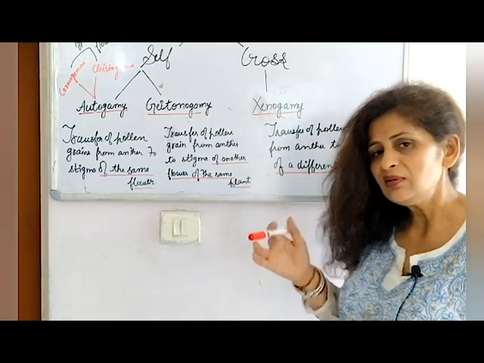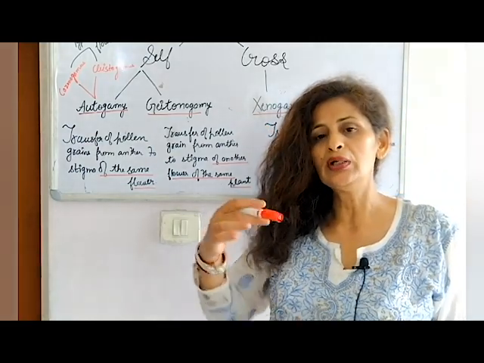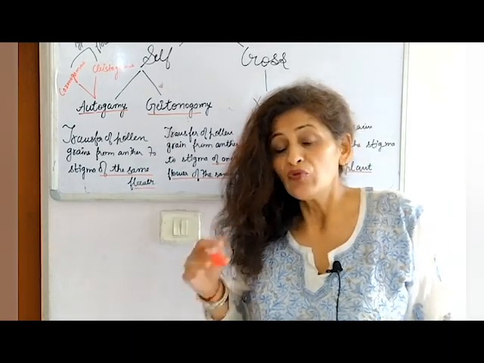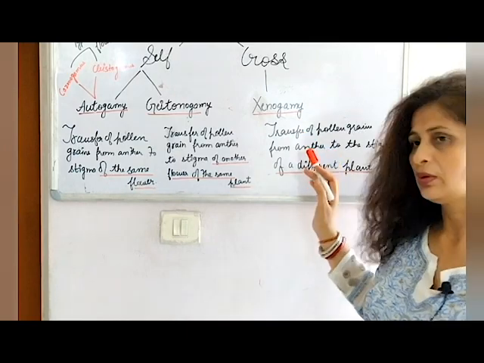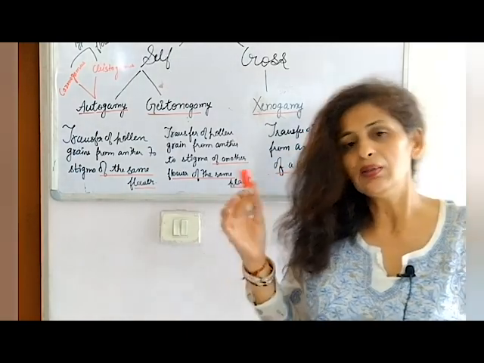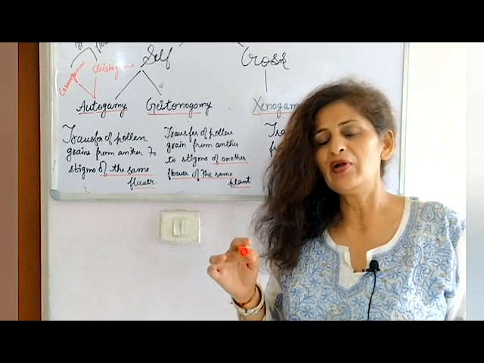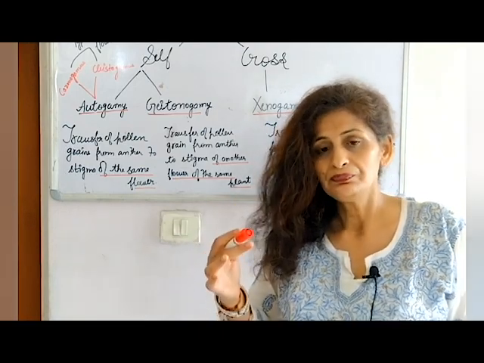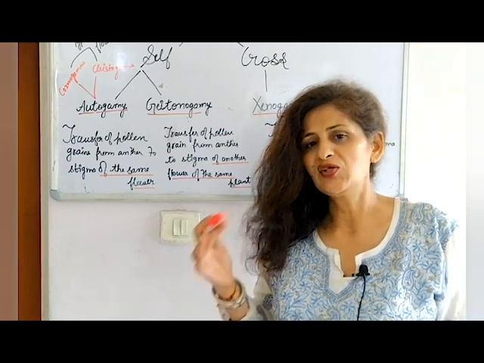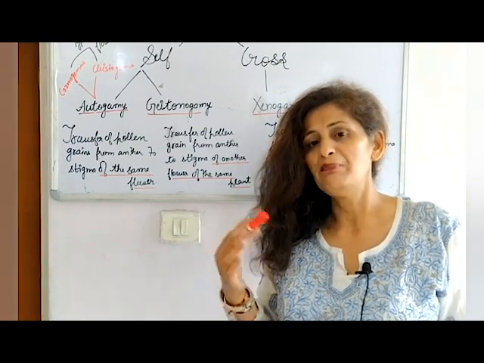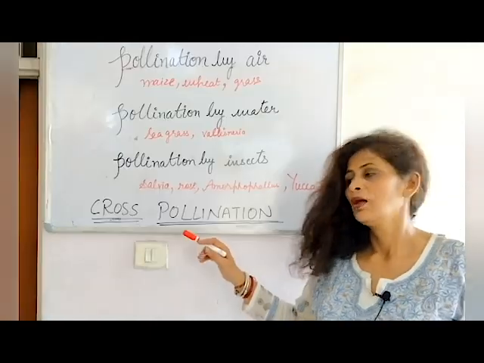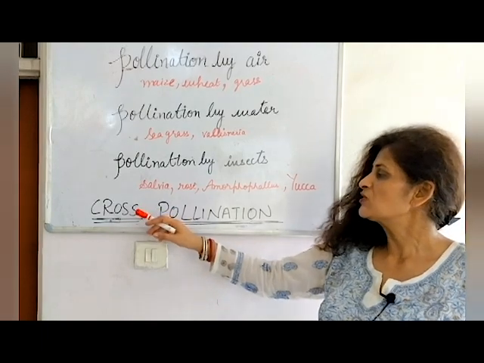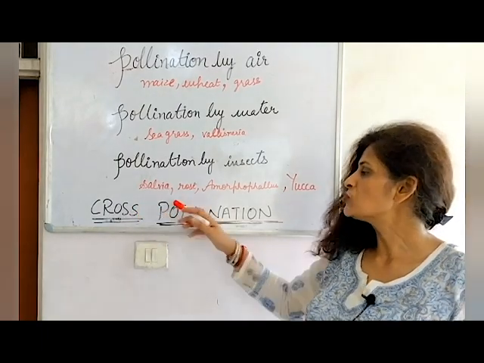But as in this case, pollen grain is transferred to other plants which are present at very large distances, various agencies are required. That may be abiotic or biotic agencies. Pollen grains may be transferred from one plant to another by air, by water, by insects, by birds, by bats, etc. Cross-pollination, as I earlier told you, is where pollen grains are transferred from one plant to another plant.